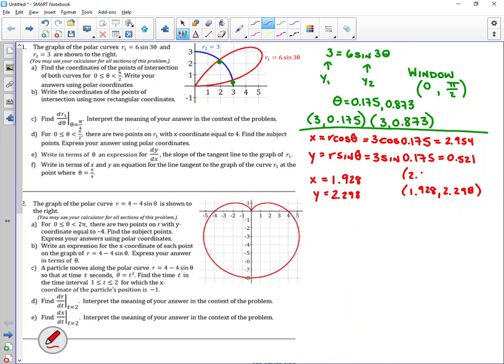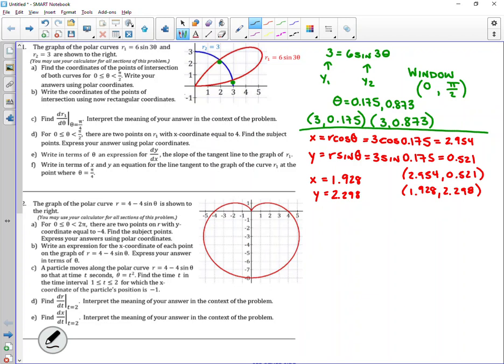So there's our other one. Yeah, I have 2.9. That makes sense because this point is a little bit more than 2.9 and 1.52. So that's right.